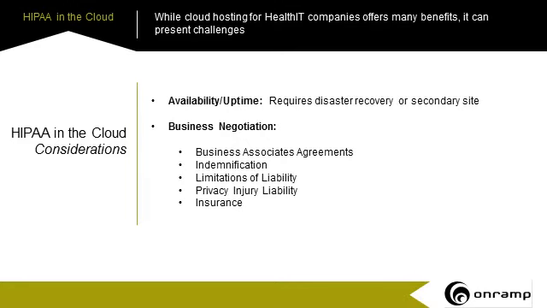And then business negotiation can be very difficult in a hybrid environment or in an outsourced environment. Obviously, once you get involved with a third-party provider, there's the business associate agreement, as we discussed earlier, that has some requirements that have to be included.